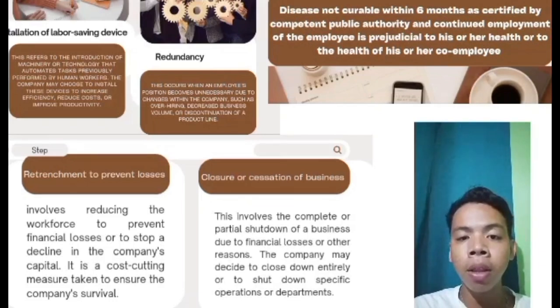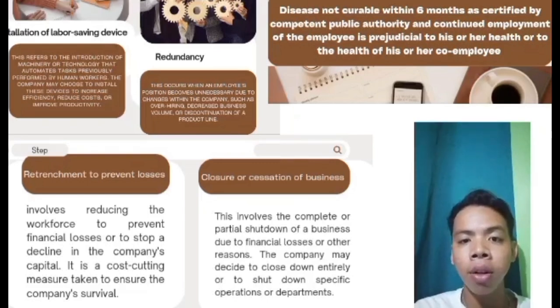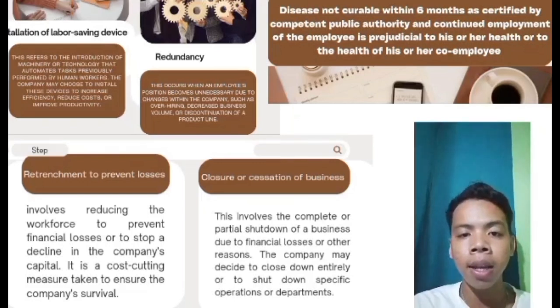Third, retrenchment to prevent losses. This is the reduction of the workforce to prevent financial losses or to stop a decline in the company's capital. It is a cost-cutting measure taken to ensure the company's survival. Fourth, closure or cessation of business. This involves the complete or partial shutdown of a business due to financial losses or other reasons.